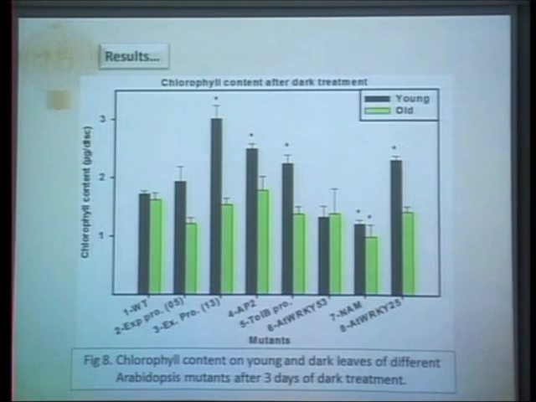Reduced chlorophyll content is the initial stage of senescence. Senescence starts with the degradation of chlorophyll. So we can predict that these four genes and transcription factors might be involved in enhancing the senescence process upon their expression.